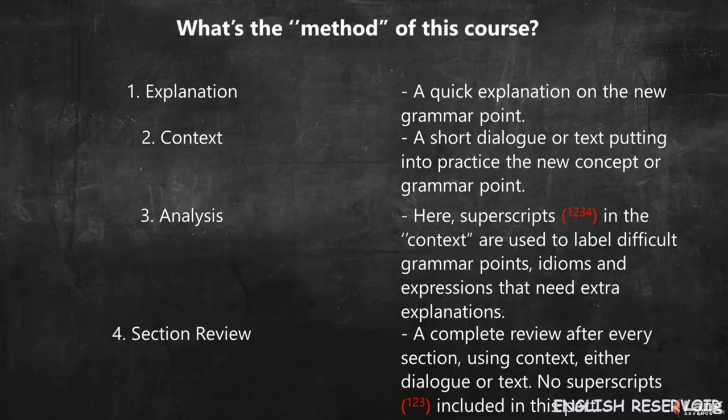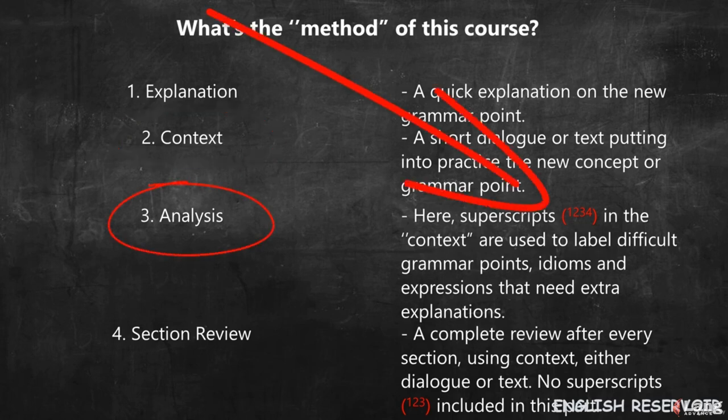What's the method of this course? 1. Explanation. A quick explanation on a new grammar point. 2. Context. A short dialogue or text putting into practice the new concept or grammar point. 3.